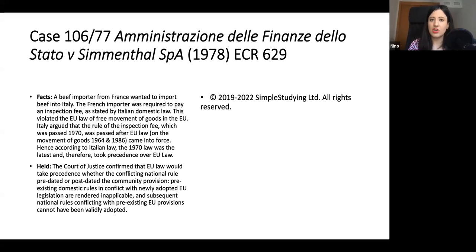In case a country is in breach of union law, there is a procedure whereby an EU citizen can bring an action against the member state for failing to comply with EU law, which is called state liability.